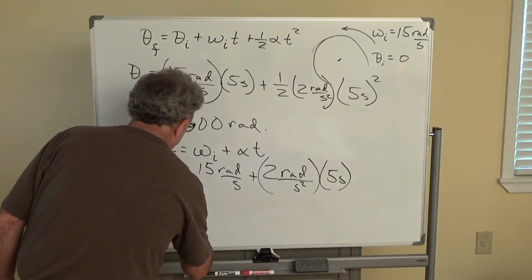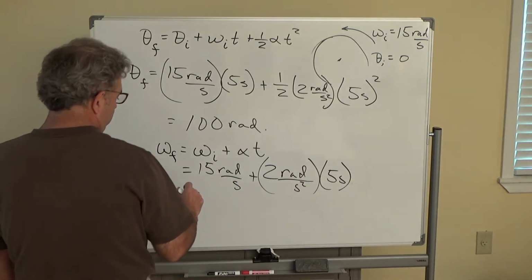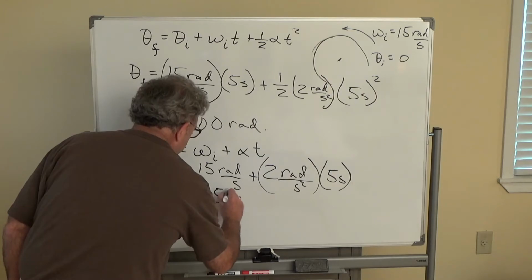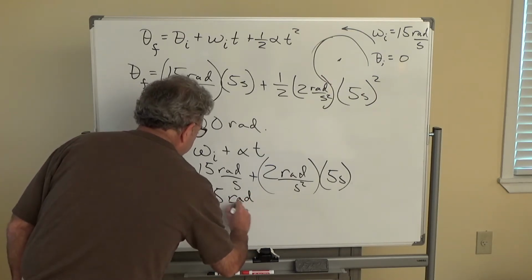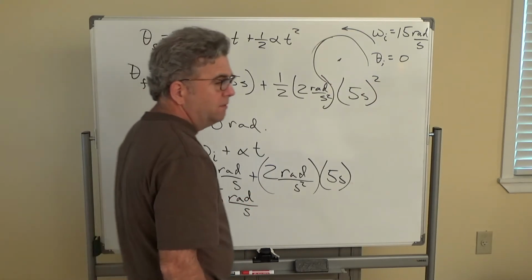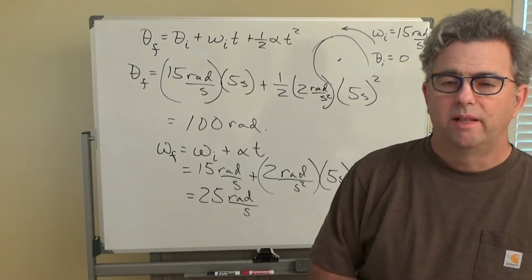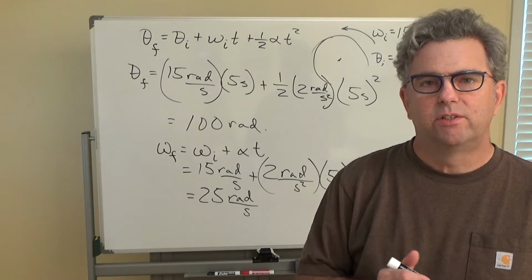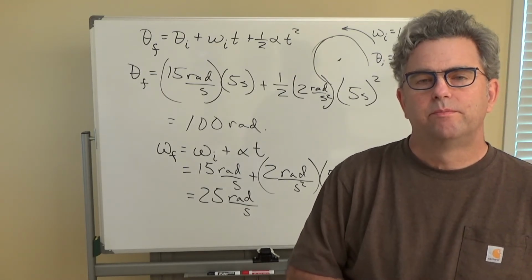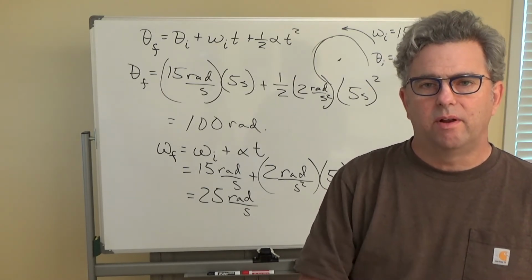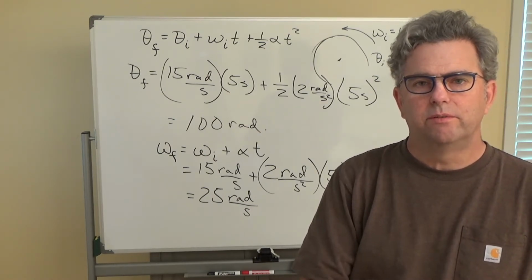So this is equal to 25 radians per second. It's just 1D motion. And that D is angle. Angular displacement, angular velocity, angular acceleration.